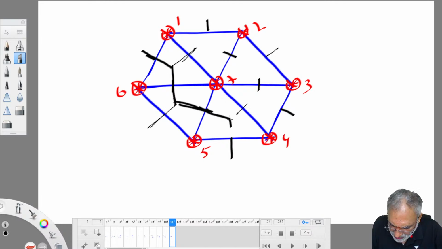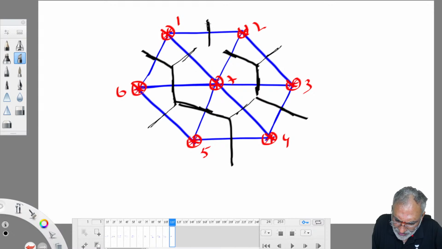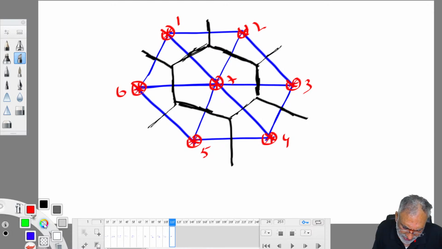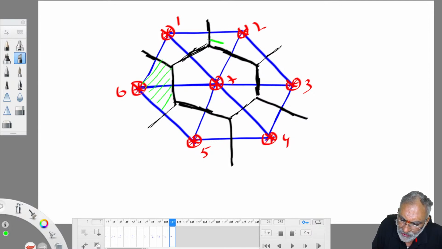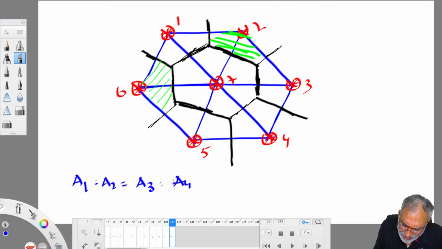If you extend this bisector, it will join this and this as well. These bisectors divide the area so that this whole area goes to this station. All peripheral stations get equal area: A1 equals A2 equals A3 equals A4 equals A5 equals A6.